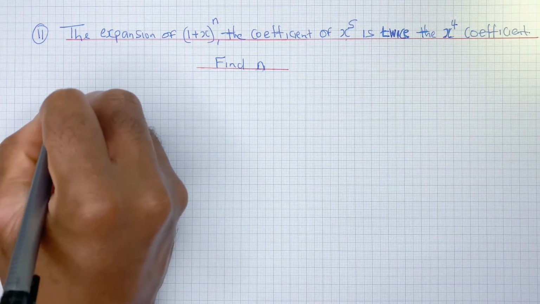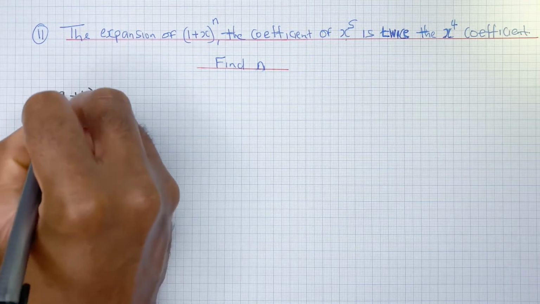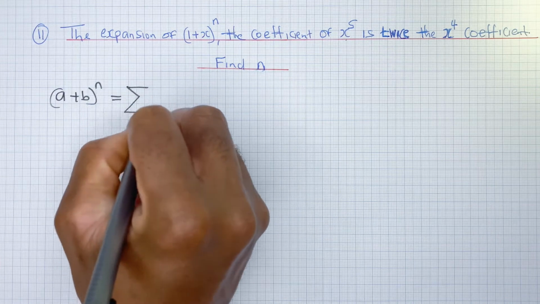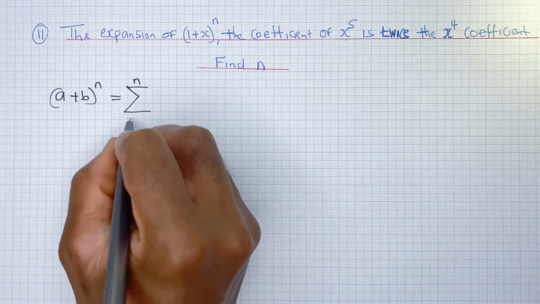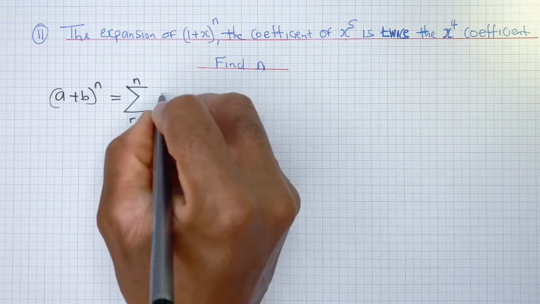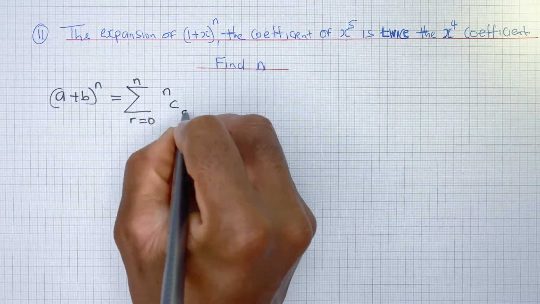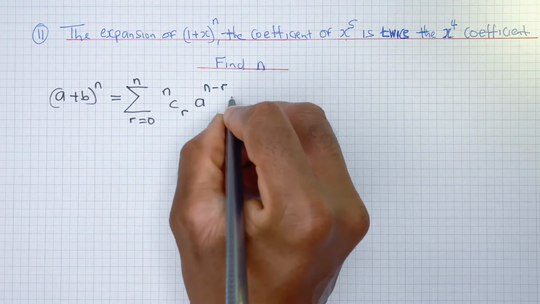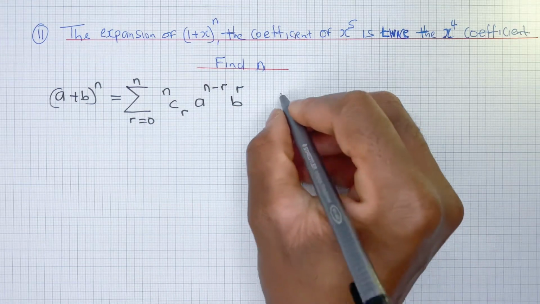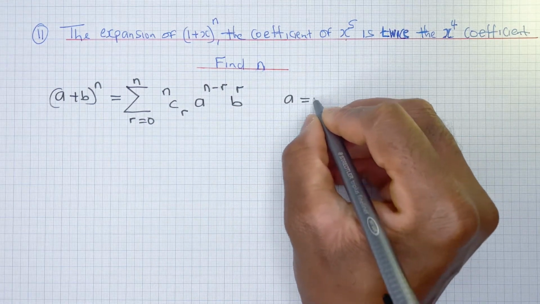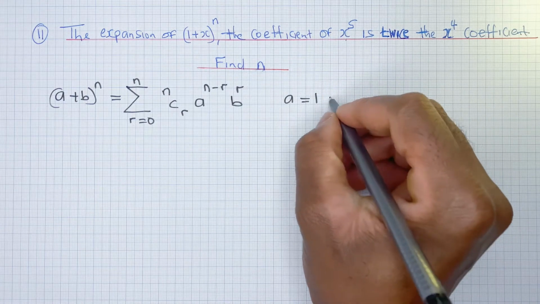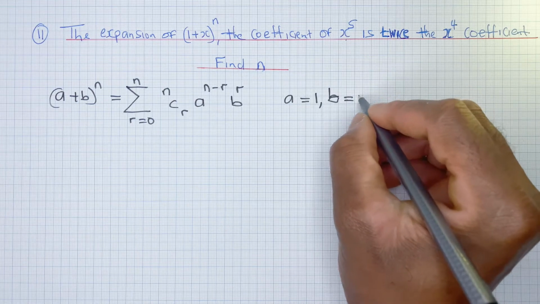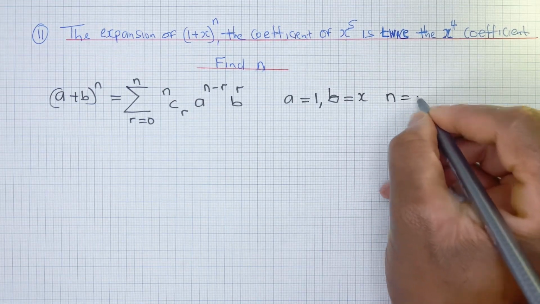So if we have a situation where (a + b)^n, we write it in this expansion manner using sigma notation: the sum over r starting from 0 of n combination r, a^(n-r) times b^r, where a in this case equals 1 and b equals x, n equals n.